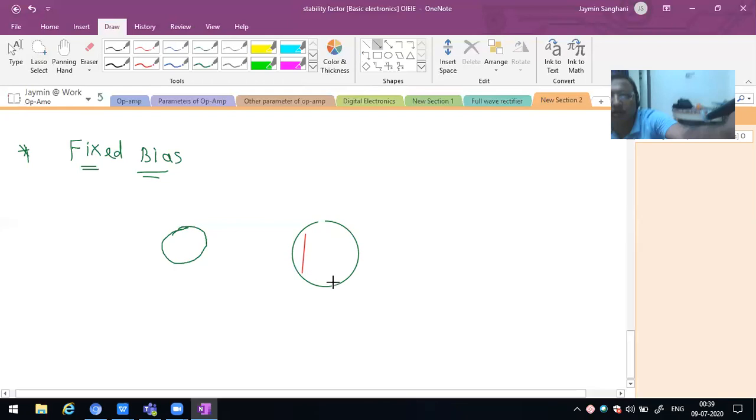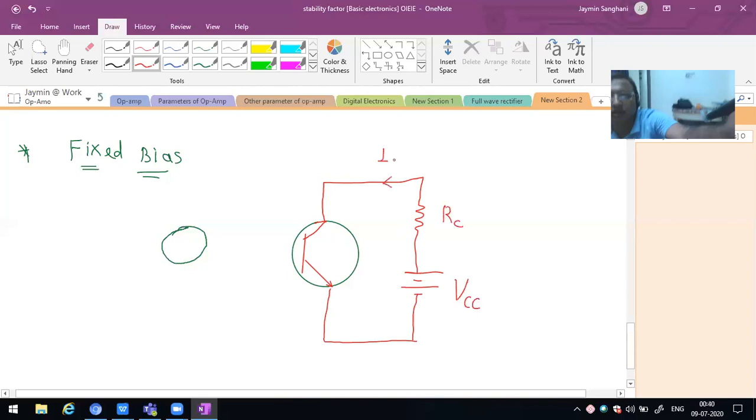See this. This is VCC, this is RC, and IC is the current that flows in the circuit.